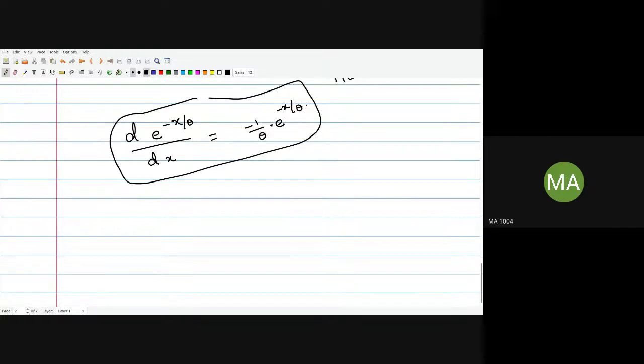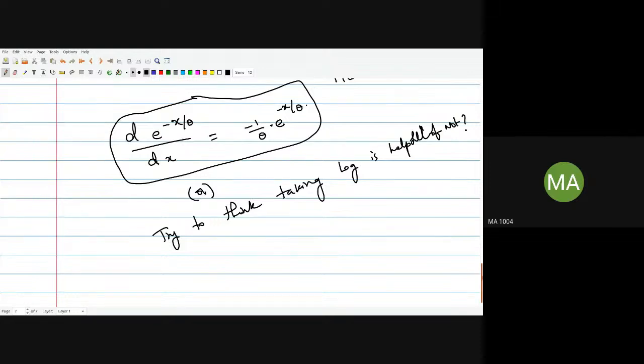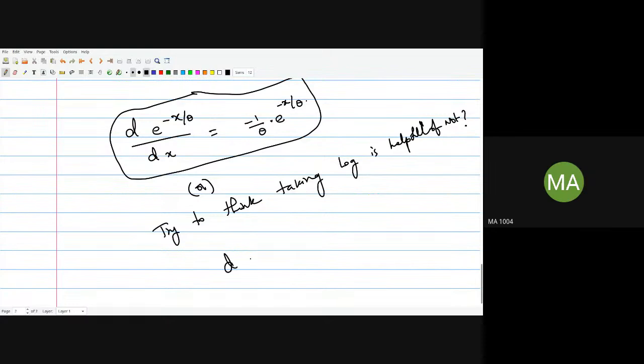If you want to use this, or try to think whether taking log is helpful or not, I will use this particular formula also. The derivative of x power a by dx is a times x power a minus 1.